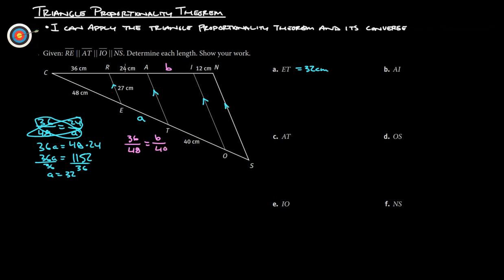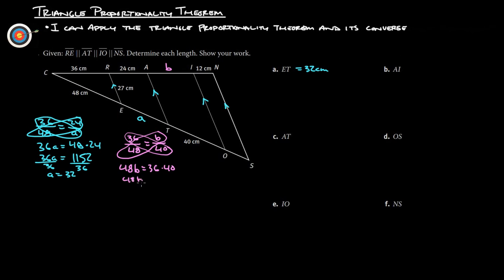You could have done 24 is to our new one, 32, as B is to 40. You could do that as well. But anyway, now we do cross products. This times this is going to equal this times this. So 48B is going to equal 36 times 40.